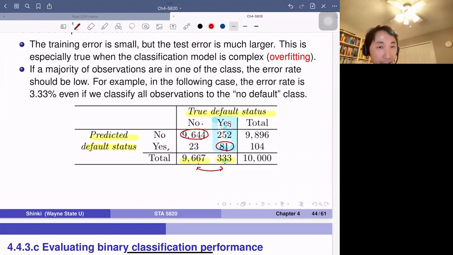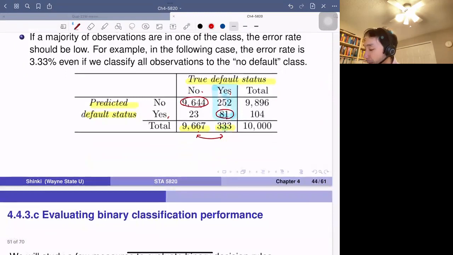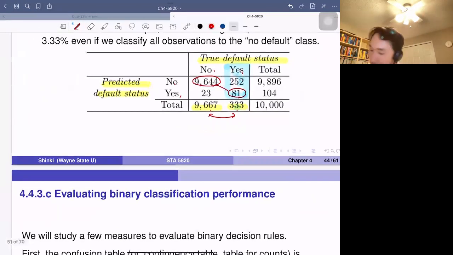Then without understanding any questions, you can just answer yes, yes, yes, yes, and you can get 97. If you randomly answer yes, no, no, yes, no, yes, no, then you get only 50%. But if you just answer yes to all questions, you will get 97% on average. So the error rate of 2.75% is not really enough. 1 minus the error rate is called accuracy.